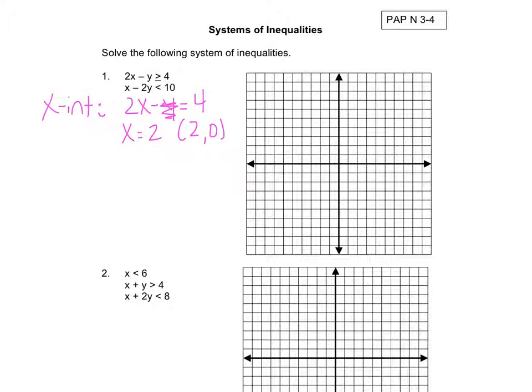So it's crossing the x at 2, 0. And then the y-intercept of that same equation, we know x is 0, so cover it up. We get negative y equals 4, so y would equal negative 4. So 0, negative 4.